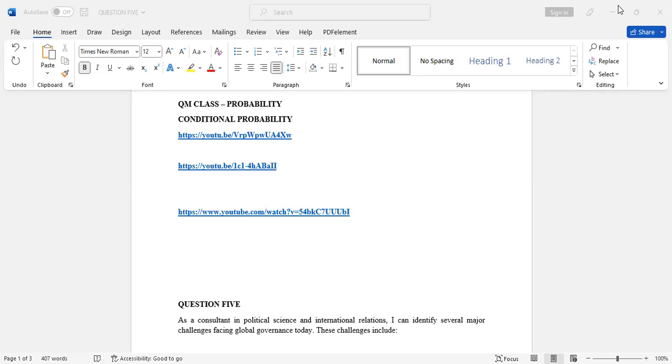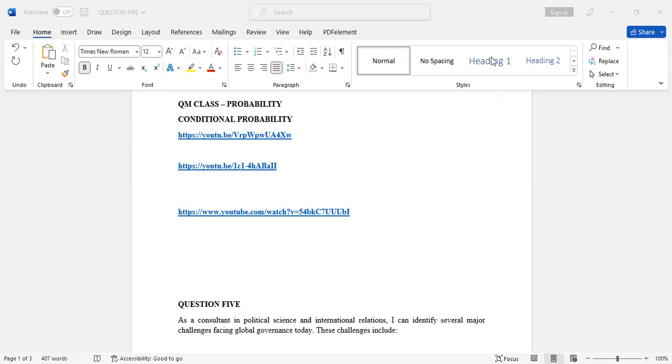Okay, so we're now looking at the conditional probability quantitative method, getting down to probability, and also looking at the probability types that we need to actually look at.